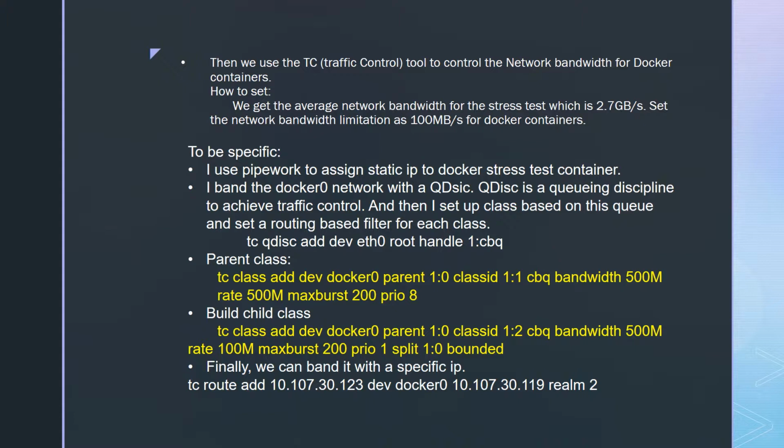To be specific, I use the following steps. The main idea is that I set the priority and the maximum I can use for the whole class, and how much I can use for one child class.